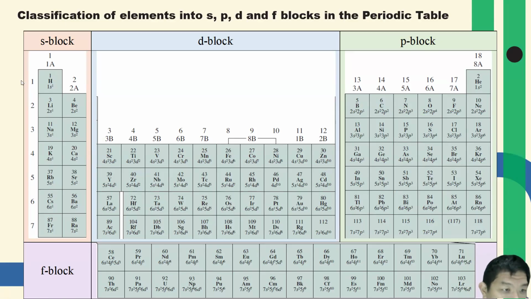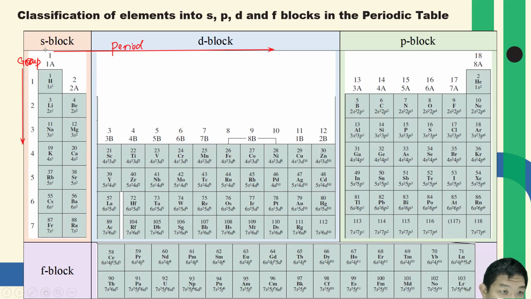Going vertically, you have what we call the period, and going horizontally, you have what we call a group here. So therefore, let's identify one by one.